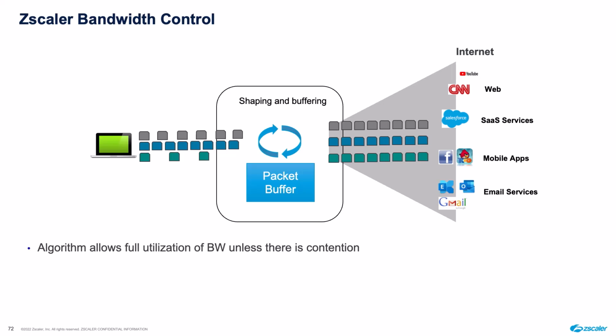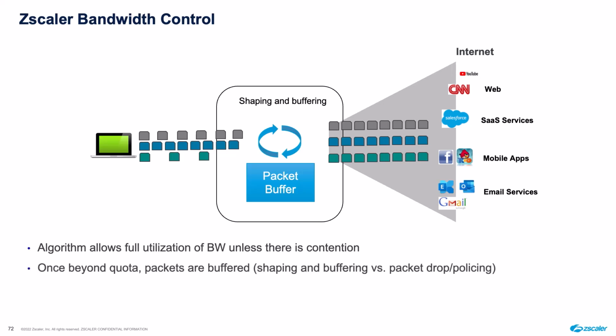By default, the bandwidth coming to the Zscaler enforcement node assumes that it needs to use all the available bandwidth unless it is configured through a policy how to resolve the contention between those applications. So that's the default behavior.